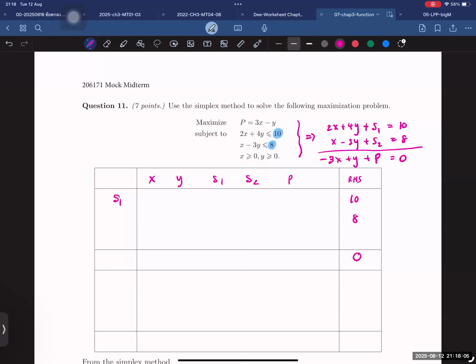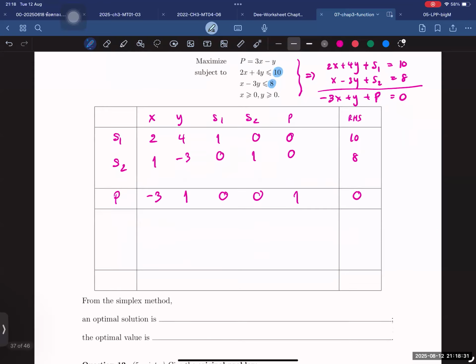For the equation related to s1, we get 2, 4, 1, 0, 0. For s2, we get 1, minus 3, 0, 1, 0. For p, here is the p, right? We get negative 3, 1, 0, 0, 1.